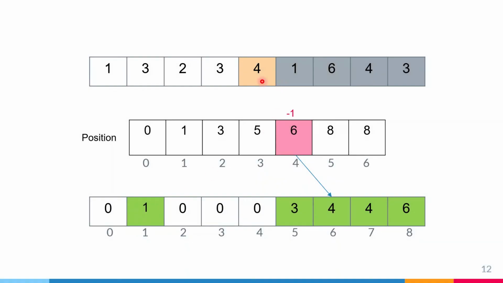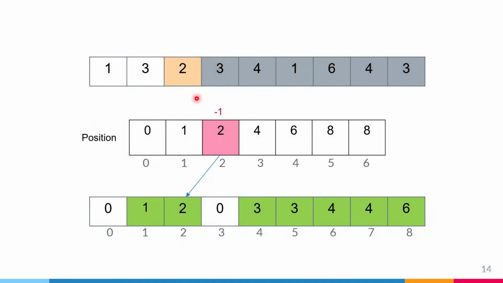Next it's 4. Go to position 4, which is 7, and after subtracting 1 we get 6, and add that 4 at index 6. Now 3. Go to index 3, subtract 1 and add it in B. Then 2.